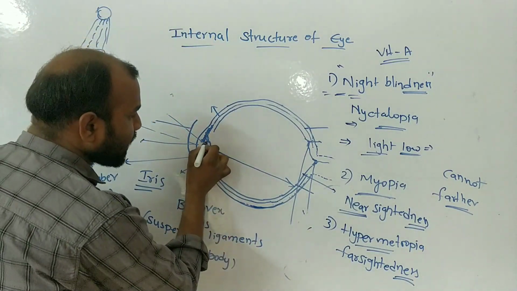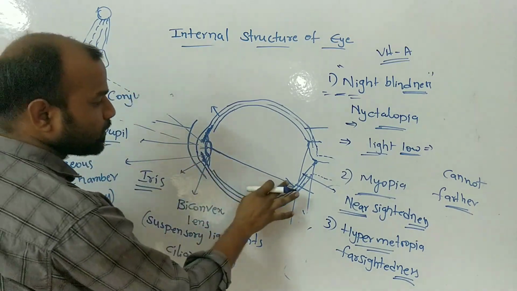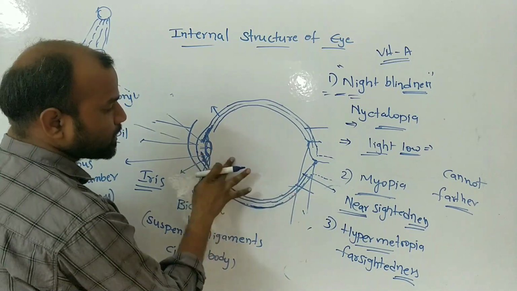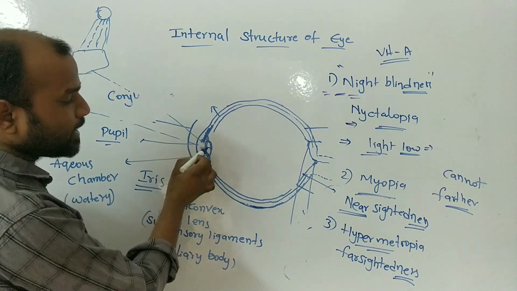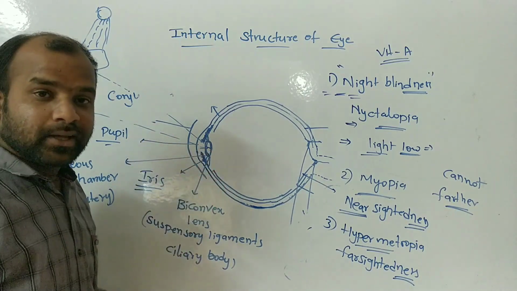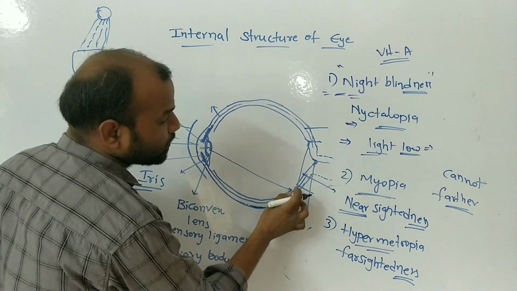Here, whenever light focuses onto the lens, which is a biconvex lens in the eye, the lens refracts the light waves onto the retina.